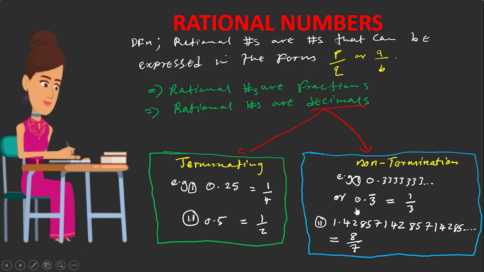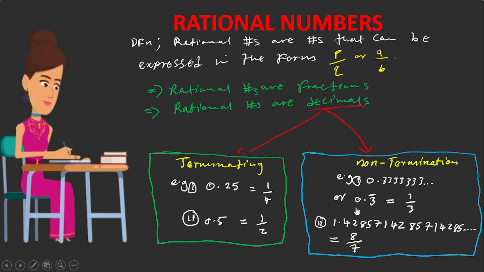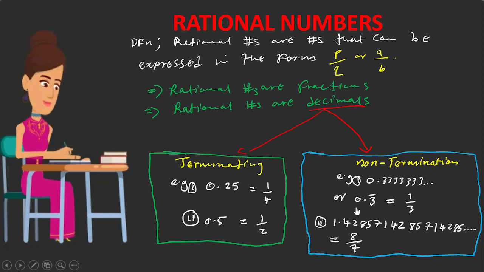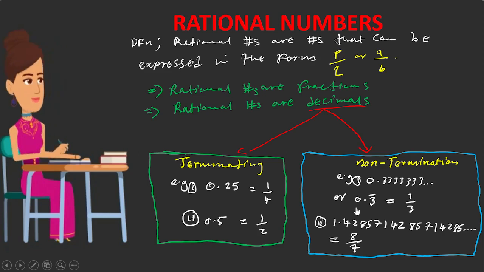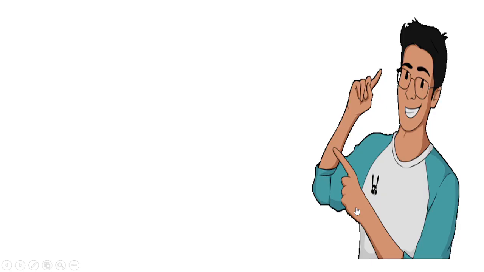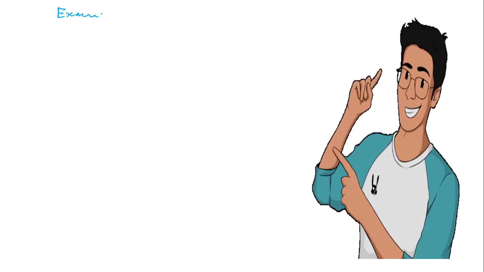A rational number is a number that can be expressed in the form P over Q or A over B. Okay, so with that information, we can now quickly look at examples. Let's quickly look at the examples, and you guys should make sure that you ask where you are not clear.